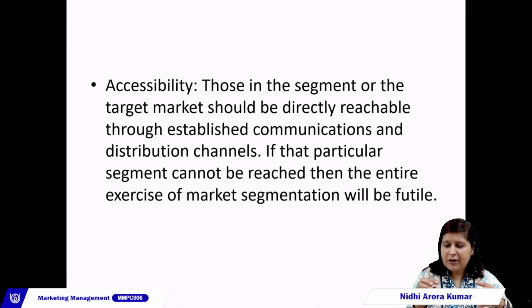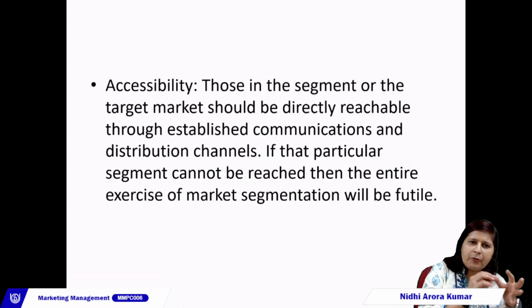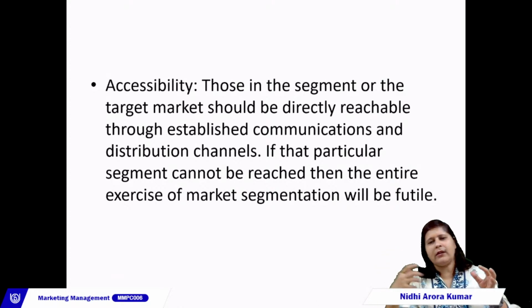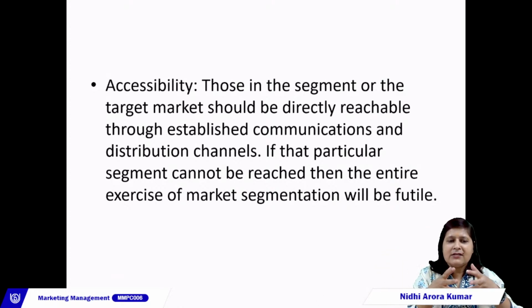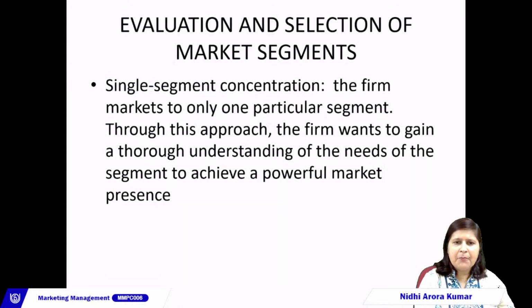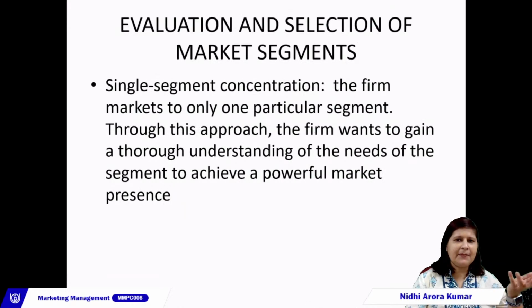That target market should be able to access your product, and you should be able to access your target market. That is, the target market should be directly reachable through established communication and distribution channels. So accessibility is important. If accessibility is not there, then it is of no use, everything will go in vain.